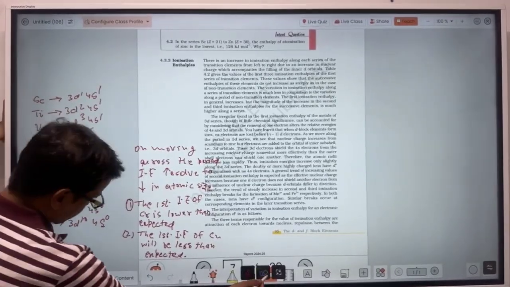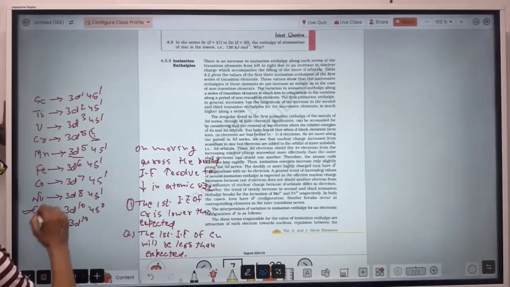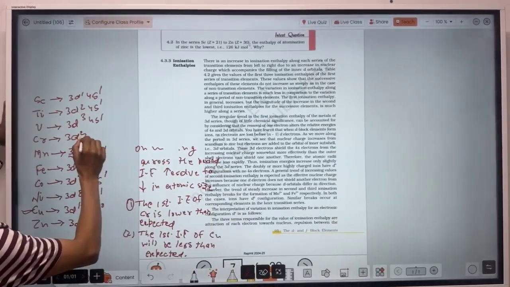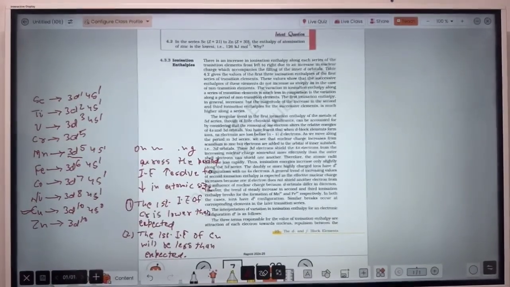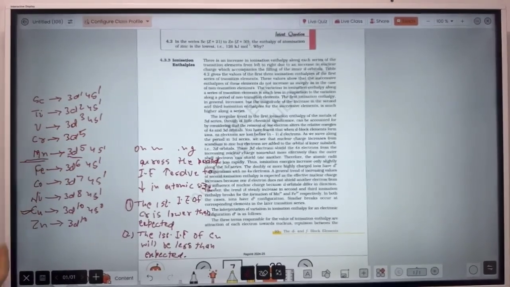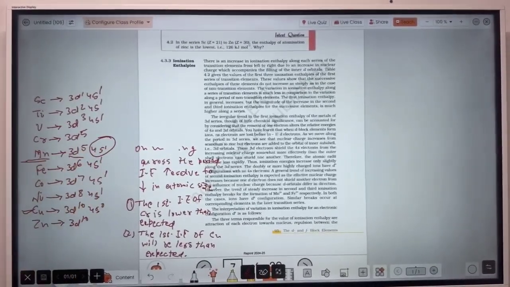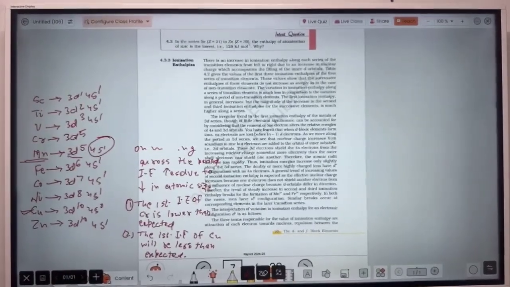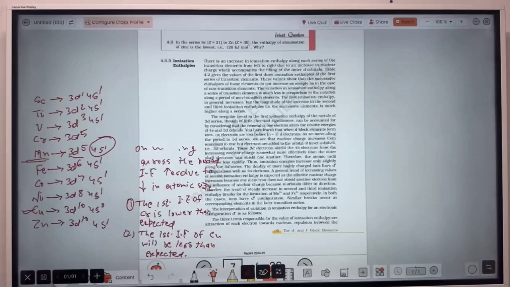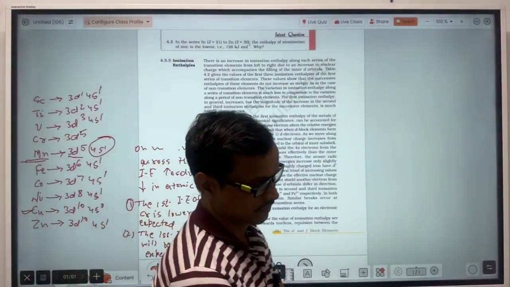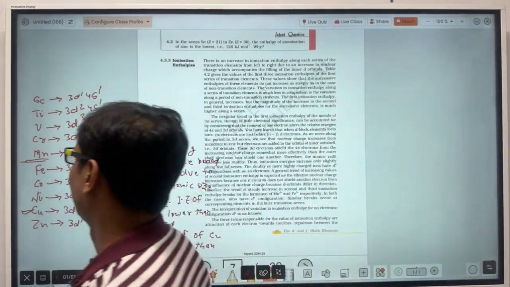So no need to write about this one also. Now consider this one. Now in this electronic configuration, we go to manganese. When manganese releases one electron, the valence orbital of manganese will be half filled, which will provide extra stability to manganese.